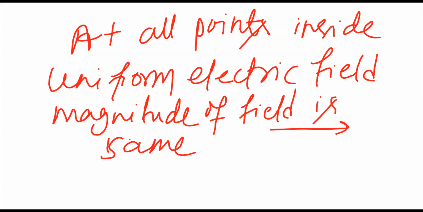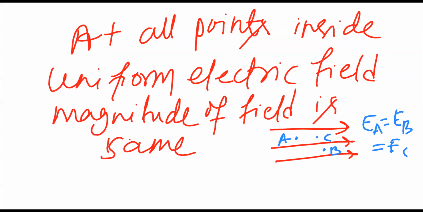So that's why any point you take here, A, B, C, at each point EA is equal to EB is equal to EC. Okay. Understanding now?